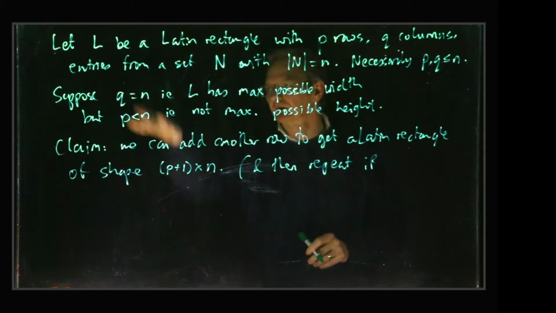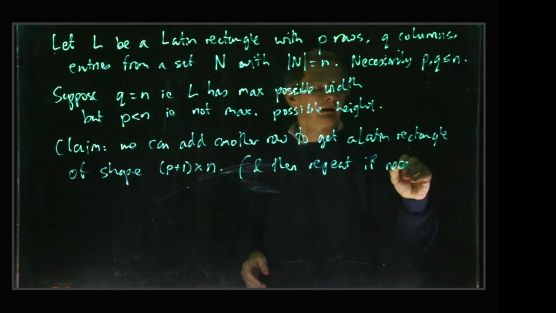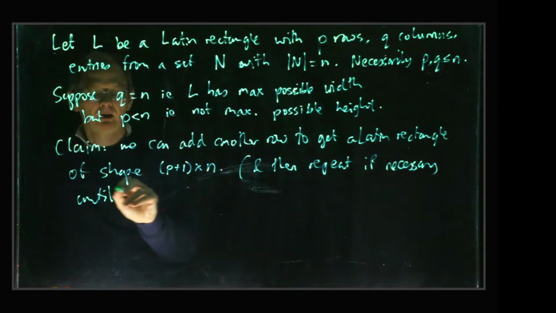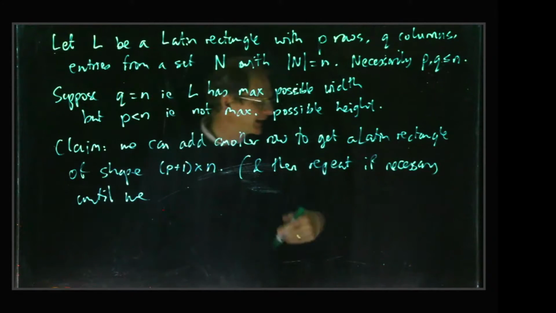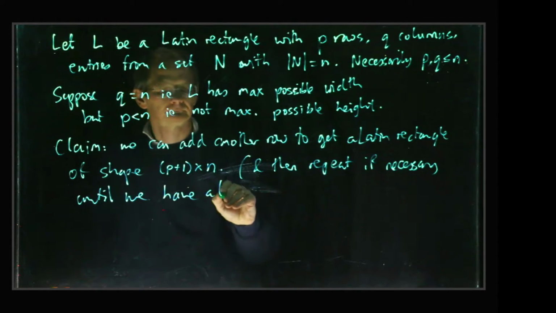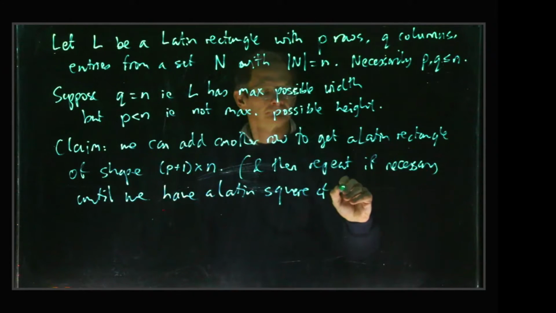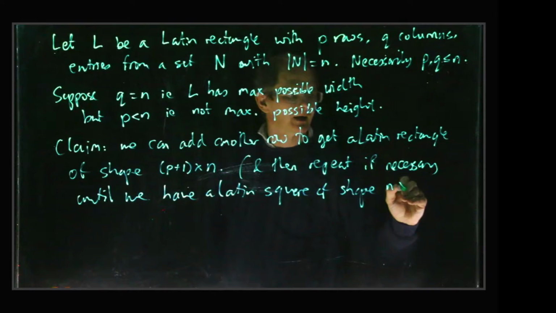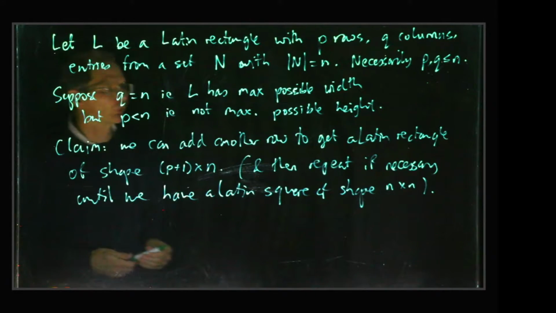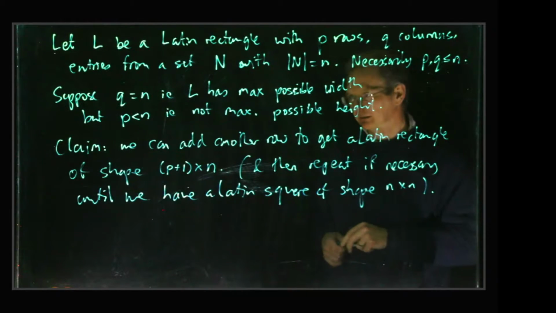We can just apply the same result once more, and so we just keep on adding more and more rows until we've got a Latin square of shape n by n. But yeah, the core of the proof is just to add one row, and then you can just do it again if you need to.